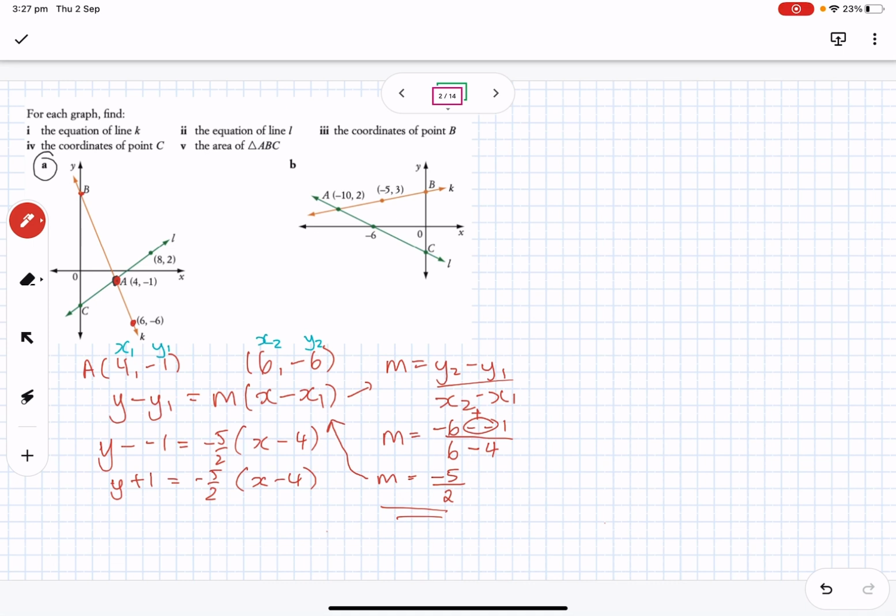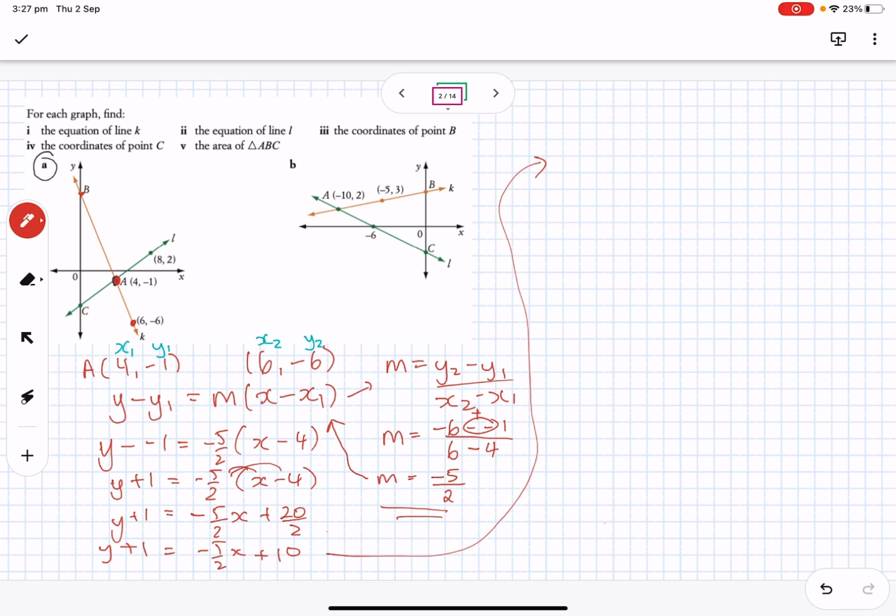Let's expand this. This is going to be y plus 1 equals negative 5 over 2 x plus 20 over 2. 20 over 2 is 10. Just going to move over here, I'll make it smaller later.